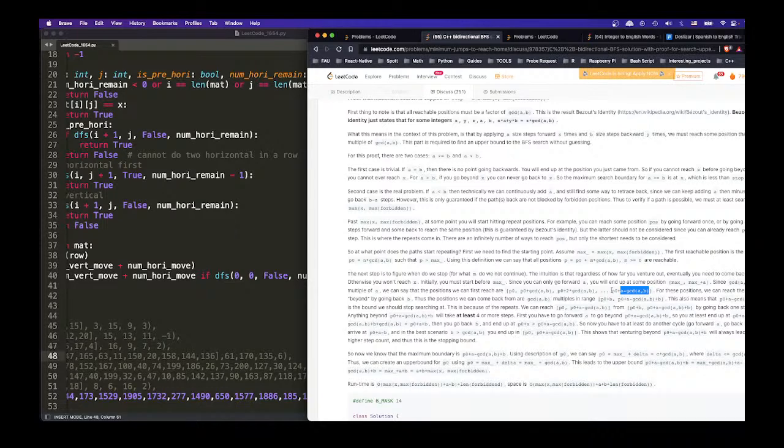And then we go back. So GCD AB is the smallest value we can go back on. So the maximum we can reach is this for the first time.